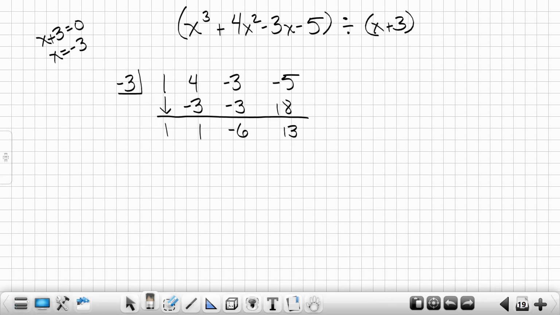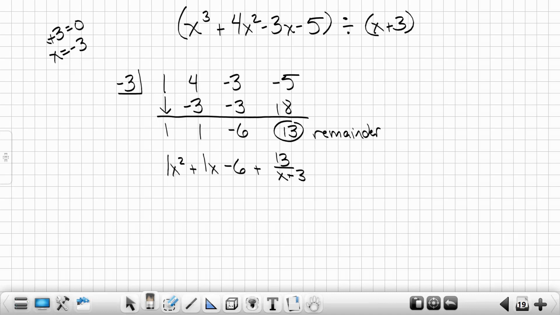So this is 1x squared plus 1x minus 6. I'm out of it, so this must be my remainder, so plus 13 over x plus 3. That's it. This did the exact same thing you did with long division, but it takes out all those letters and it goes like that.